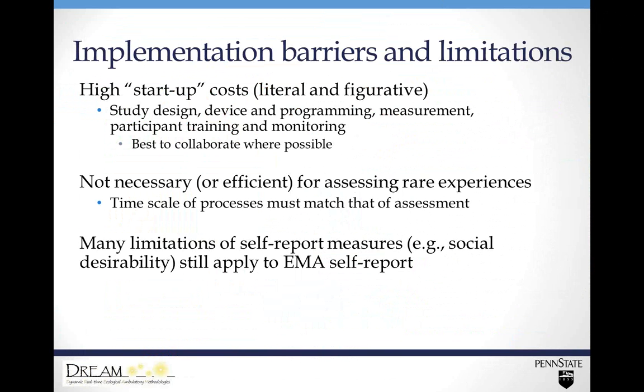Even though you're measuring people's experiences in the moment, there may still be some social desirability. What's really exciting is that there's more and more chance for doing cognitive testing and indirect or implicit measures while people are out in their everyday environments. It's only recently that people have been able to do cognitive testing. As Josh mentioned, the DREAM can accommodate that.